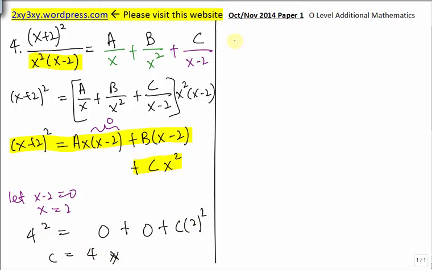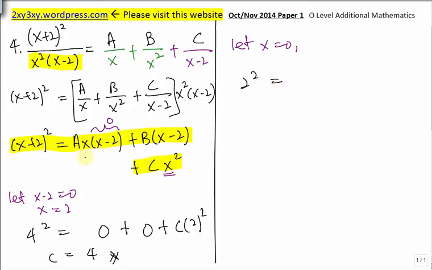Now the next value of x to substitute: this is the factor, so I want this factor to be 0. So x squared is 0, or x is 0. Now I'm going to substitute the value of x into this expression. x is 0. 0 plus 2 will give you 2, and 2 squared.